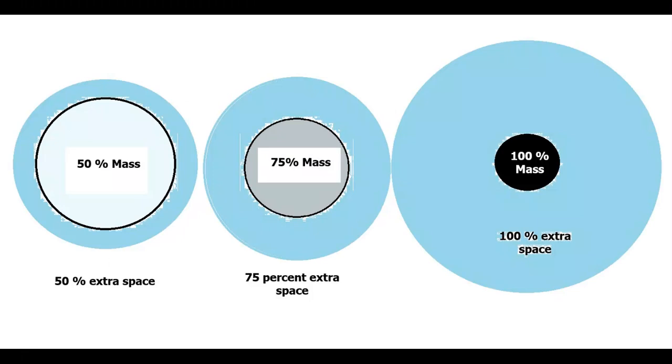In this middle image, there is 75% extra space. And then you go to the singularity and you find 100% extra space surrounding this 100% massive black piece of matter.